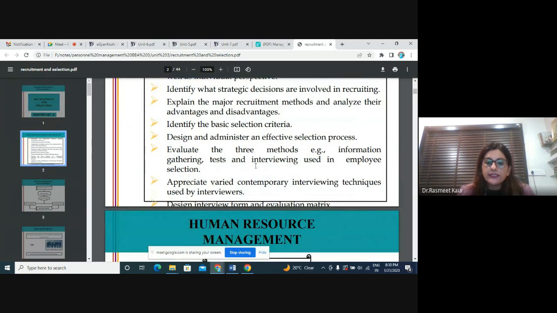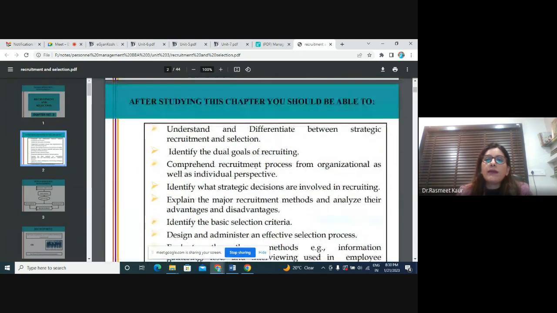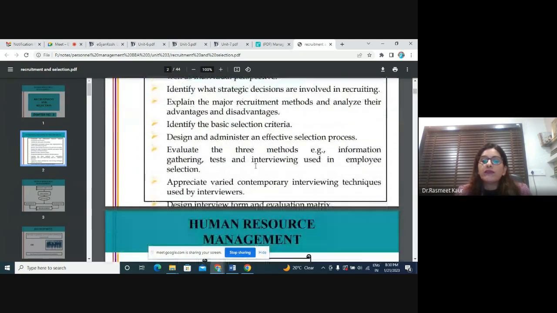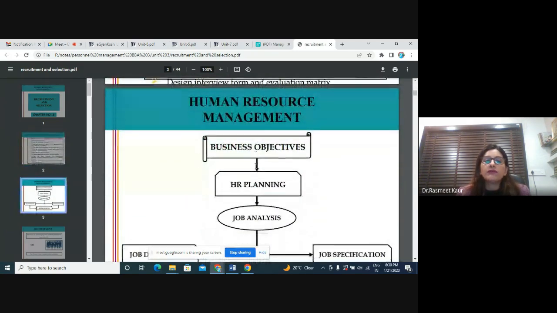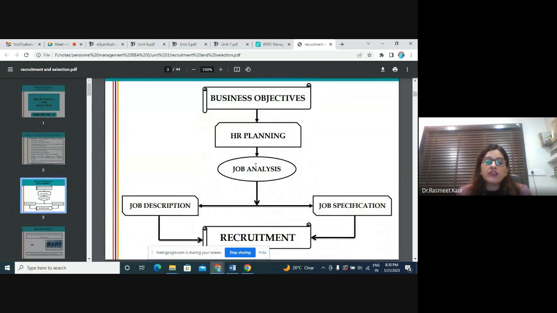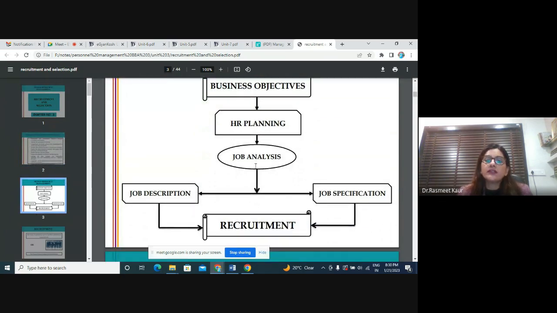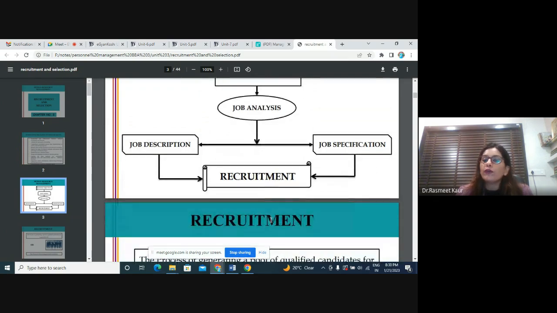Okay, so let us now discuss HR management. If I take it as a story, we started with the procurement function. We've talked about how every business has certain objectives. They go for HR planning. We go for job analysis. Job analysis is classified into job description and job specification. And finally, they go for recruitment.